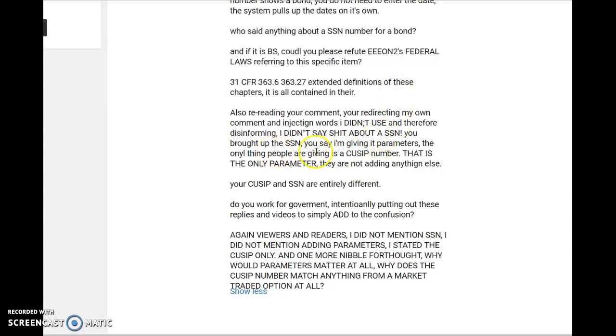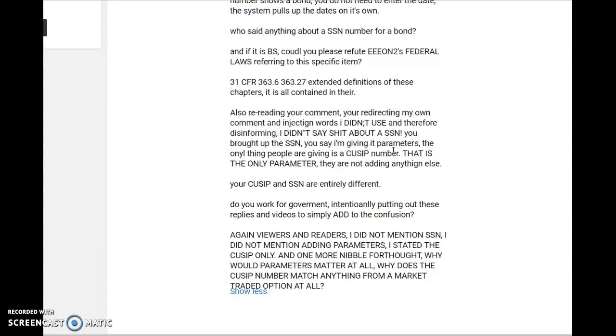You brought up the social security number. You say I'm giving it parameters. Yes, you are giving it parameters. When you go into the calculator and you put a CUSIP number in that is not really a CUSIP number, and then you put in what type of bond it is, for example, those are giving it parameters. No matter what you think, those are parameters that you are allowed to provide.